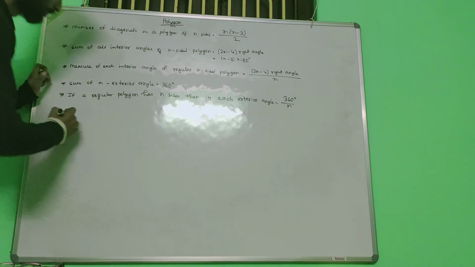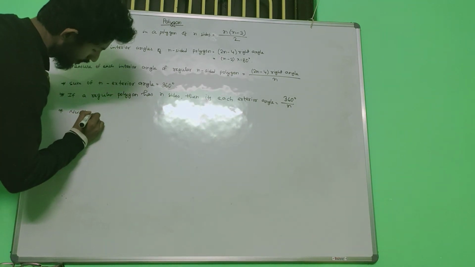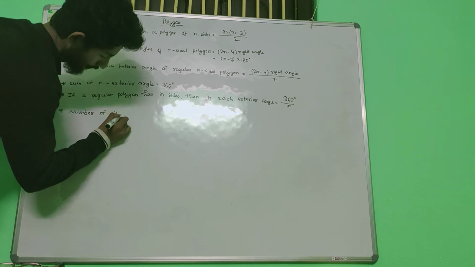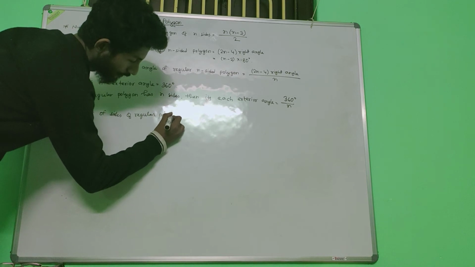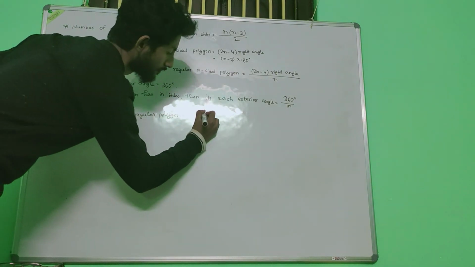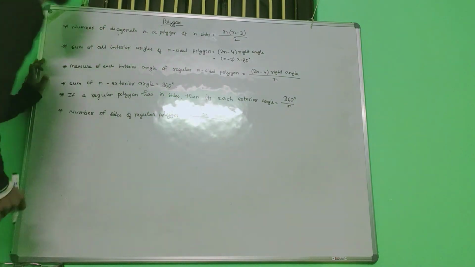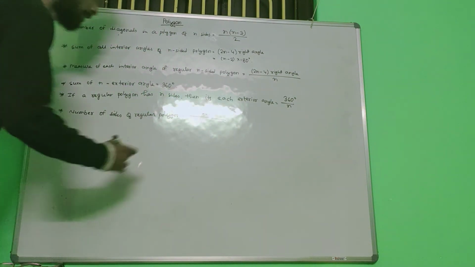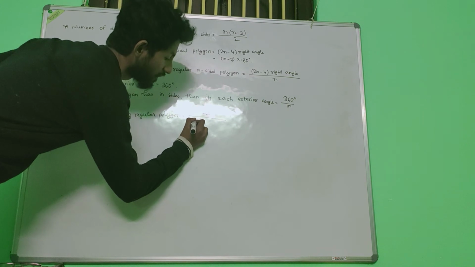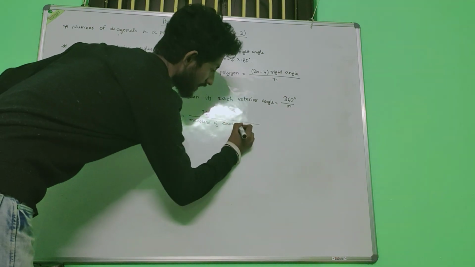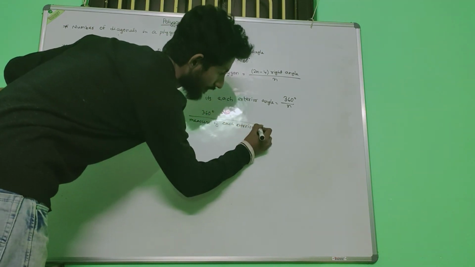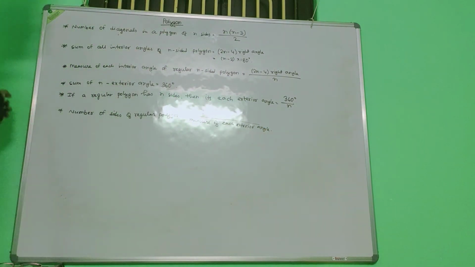How can you find it? The number of sides of a regular polygon will be equal to 360 degrees divided by the measure of each exterior angle. You can pause it and copy it afterwards. You can play again. Okay.